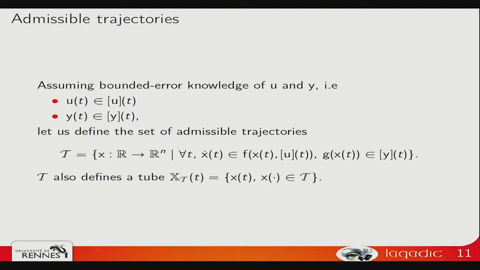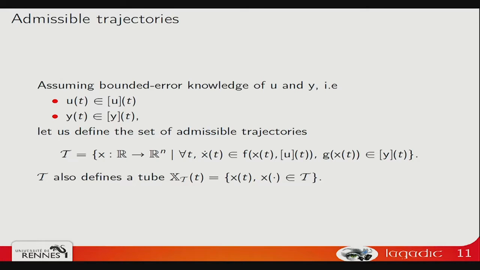If we have bounded errors on u and y, we can define the set of admissible trajectories of the robot. We call it T, which is the solution of this differential inclusion, and we also have this constraint related to the measurements that the robot makes, which can correct the position at some times.